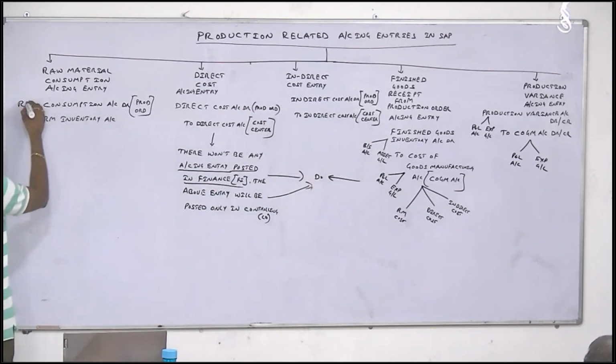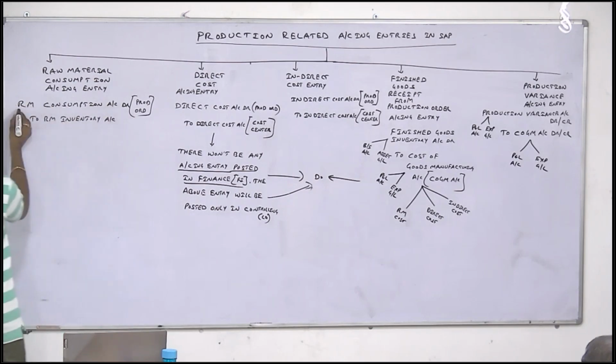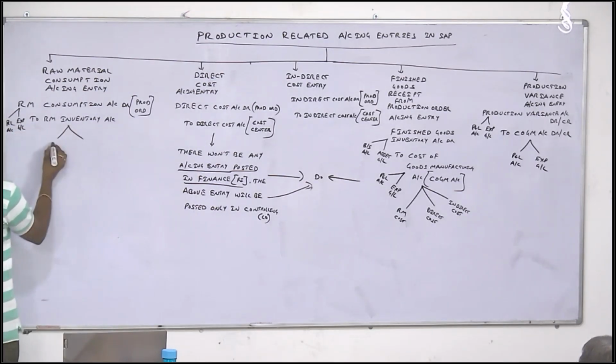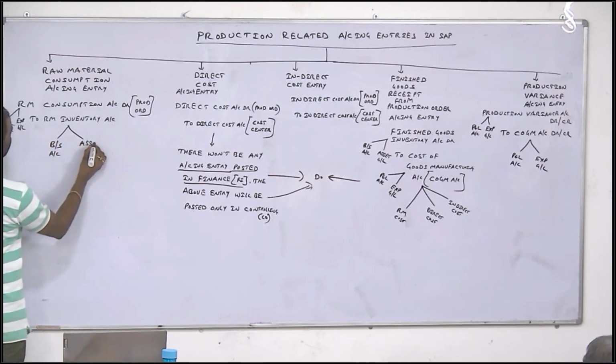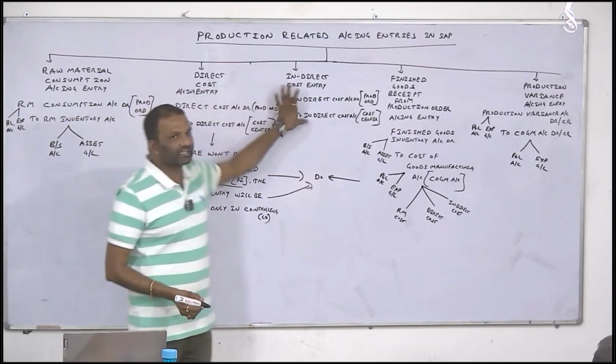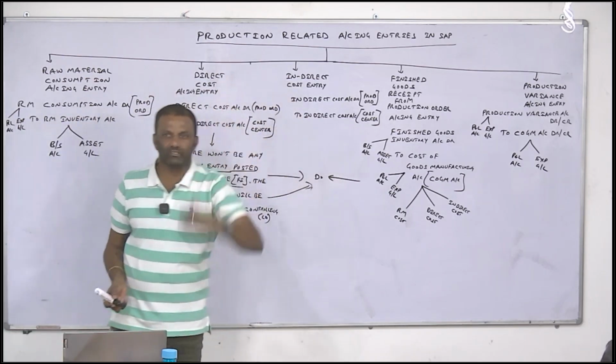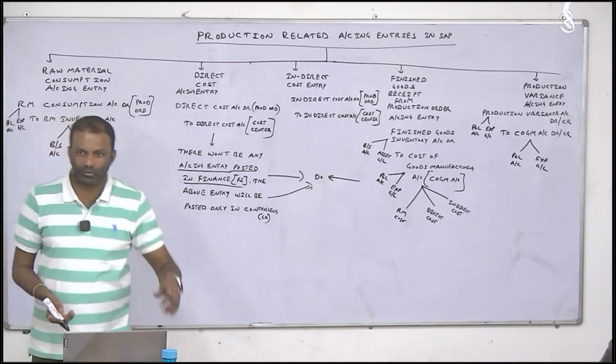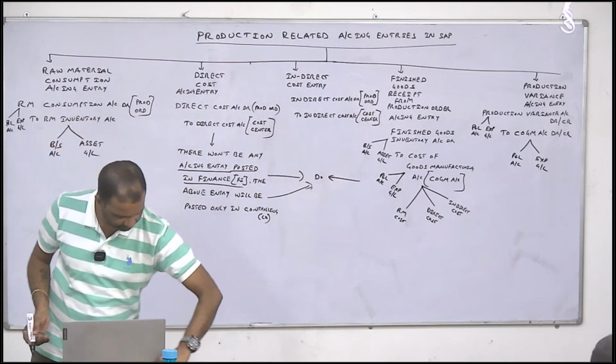Here, raw material consumption is a P&L account and expenses. Raw material inventory is a balance sheet account. These two entries, just remember, I will discuss in costing, while we are talking about controlling. Okay, right? Please note it down.